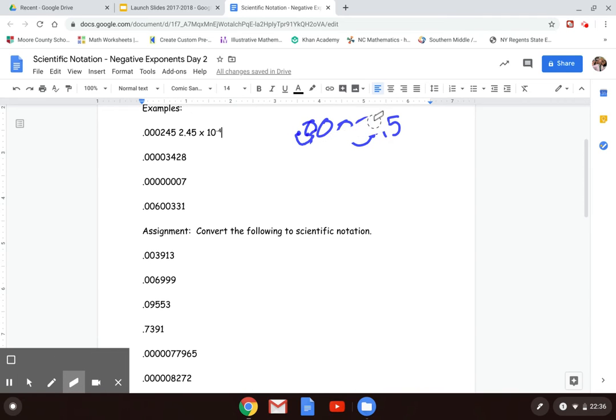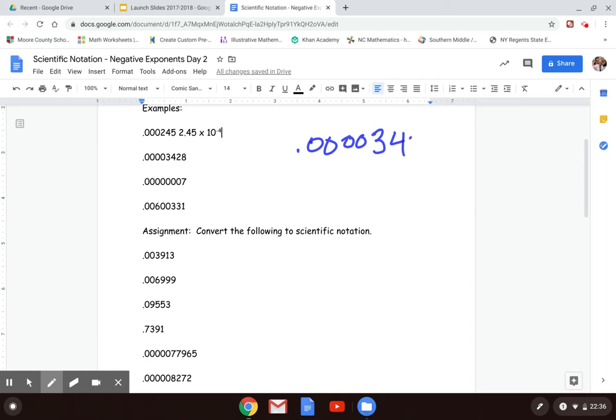We'll go ahead and erase that example and write up another. For the next example, I have 1, 2, 3, 4 zeros, and then I have 3, 4, 2, 8. What I'm going to do then is move this decimal until I have one number to the left. So I move 1, 2, 3, 4, 5 positions.